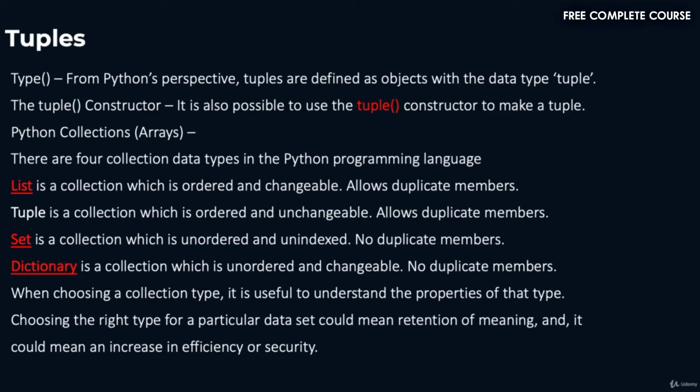When choosing a collection type, it is useful to understand the properties of that type. Choosing the right type for a particular data set could mean retention of meaning, and it could mean an increase in efficiency or security. So remember, when you're choosing a collection data type, you want to make sure that it's what you need for that project or for that data.